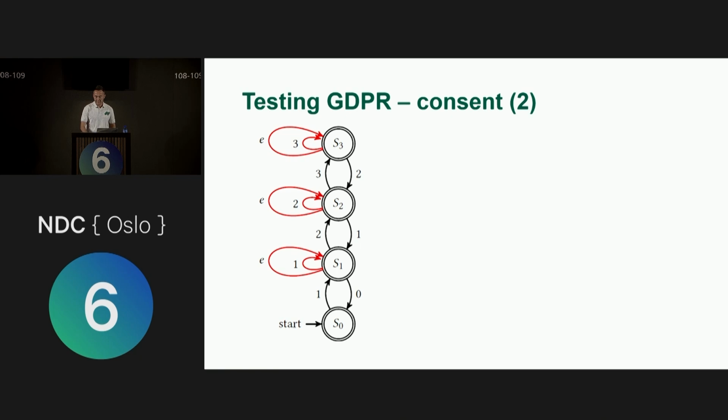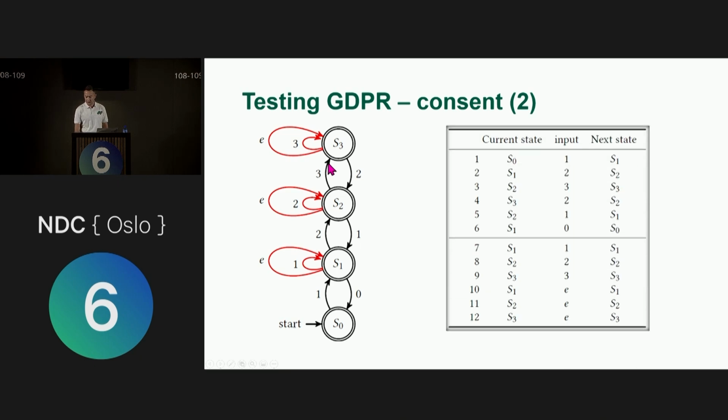Okay, and let's say our criterion is to test all the transitions, or all the edges from this picture. Then we can enumerate it like this. For example, if the user is in S0 and the input is 1, it comes to S1. So this is the first case. Then we have 12 cases.